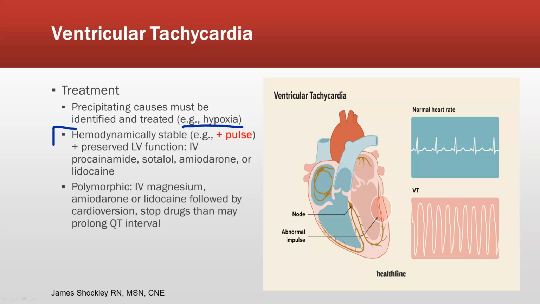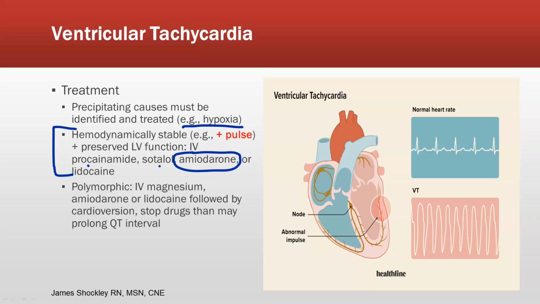We've talked about our options for stable. Mostly, it's going to be cardioversion. You can use the procainamide again, the sotalol. Again, amiodarone is more in line with what I expect you folks to know.